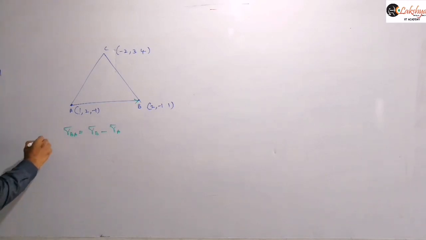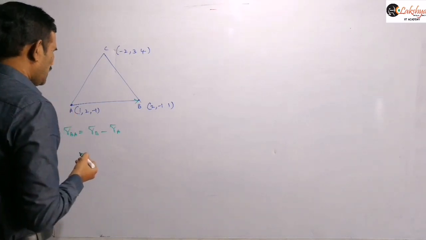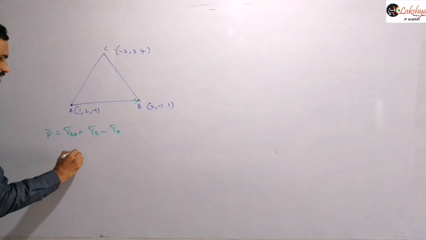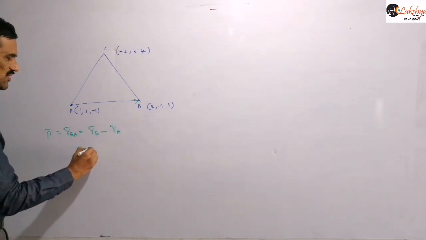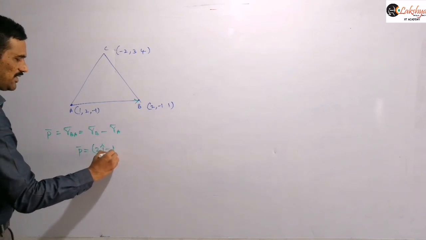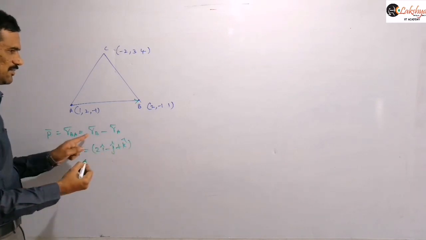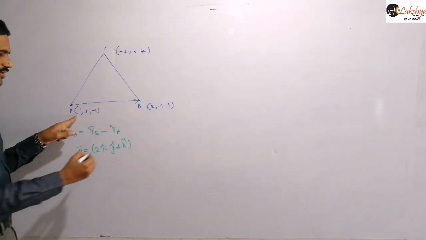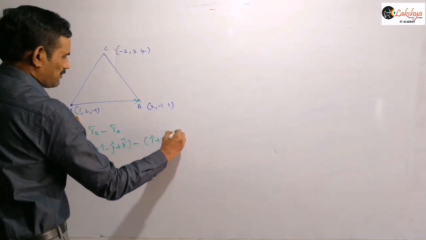And let's suppose I am taking this as P bar here. I am assuming this vector as P bar so that we can write that formula. And so now this can be written as: therefore P bar is equal to R_B bar minus R_A bar, so you can substitute those values here: 2i cap minus j cap plus k cap is R_B bar, minus R_A bar, which is i cap minus k cap.